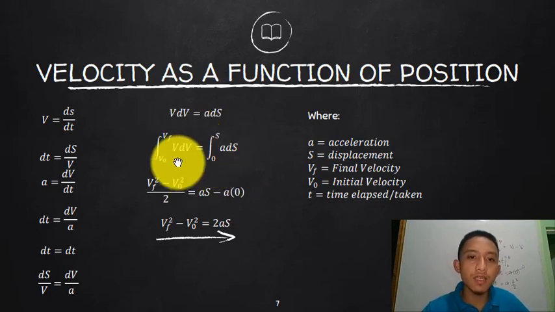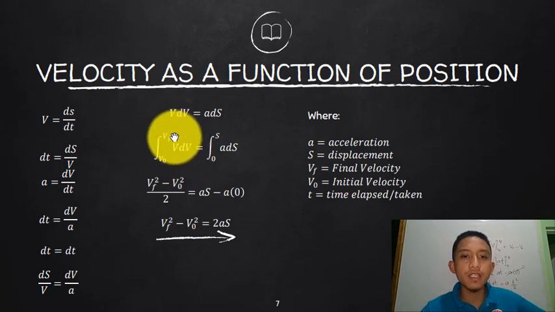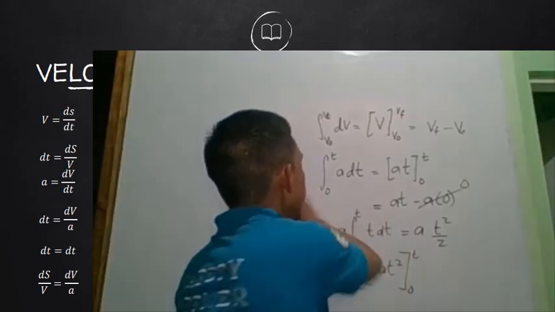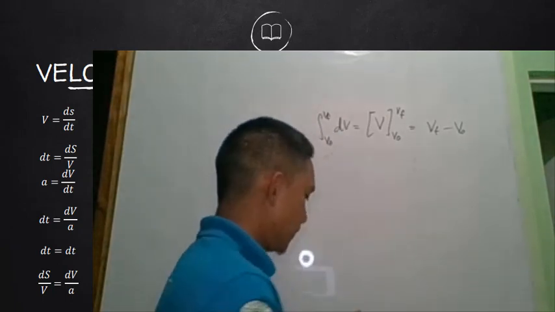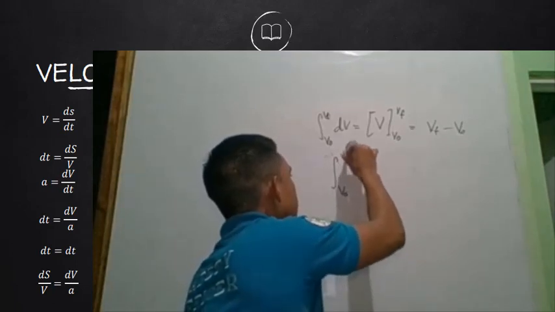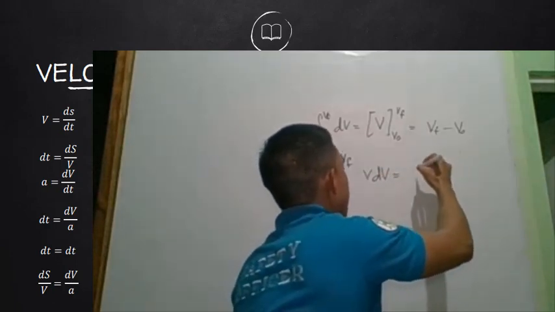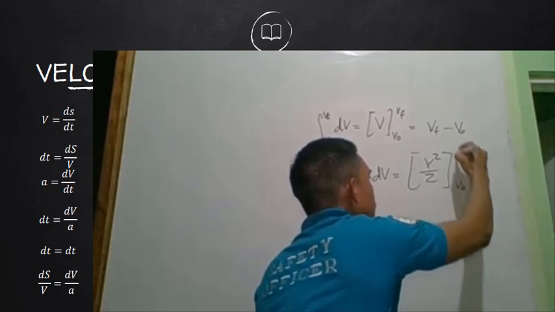So the same, apply that one. Power rule again, isn't it? That will become v squared over 2. Integrating your v dv is v squared over 2 using power rule, and then substituting your upper limit. So integrating vo to vf of your v dv, you will end up here with v squared over 2 from vo to vf.